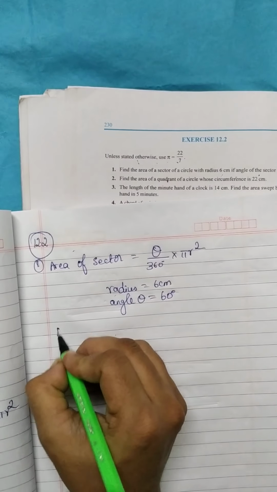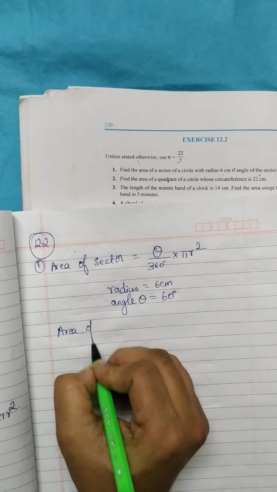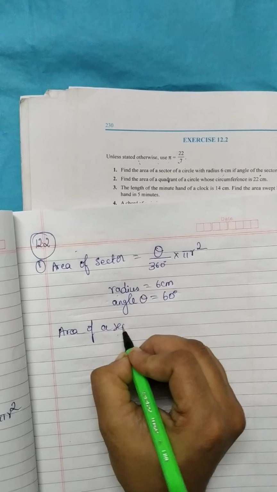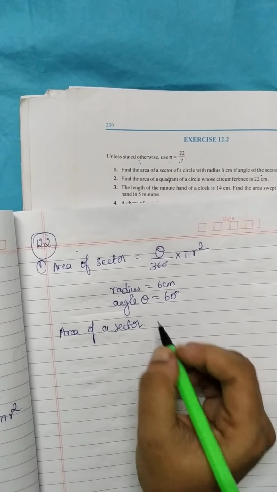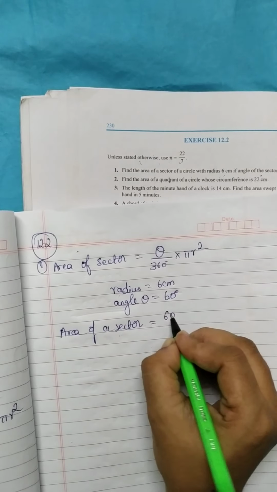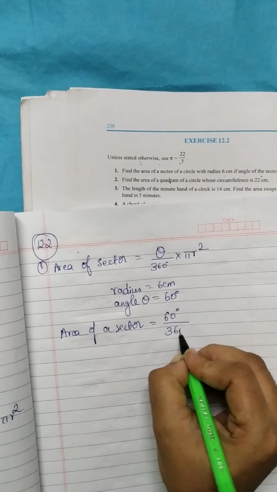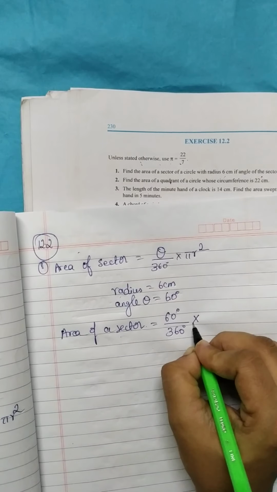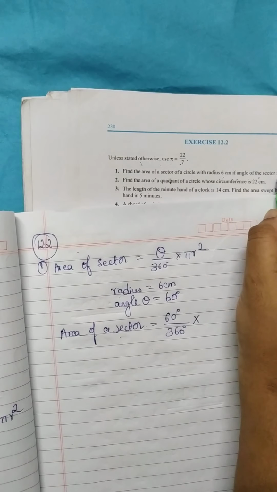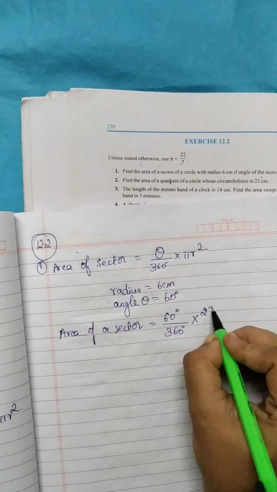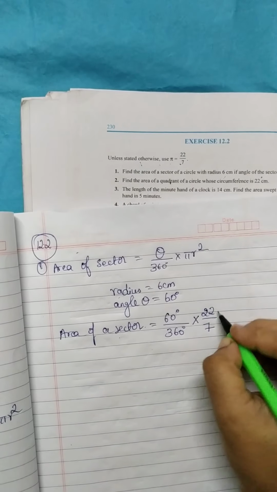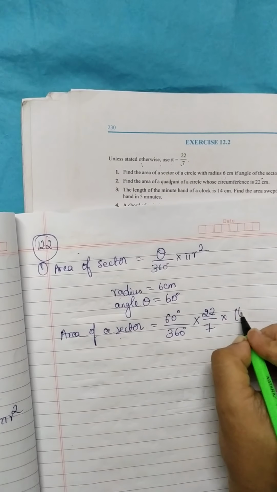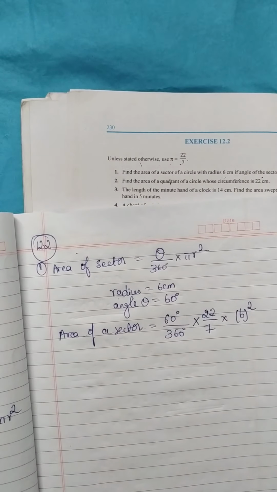So we will apply that. Area of a sector is equal to 60 degree divided by 360 degree into, they have not told anything about the pi value here, so we'll take it as 22 by 7 into r square, means 6 square.